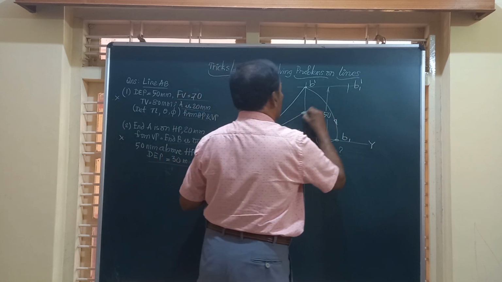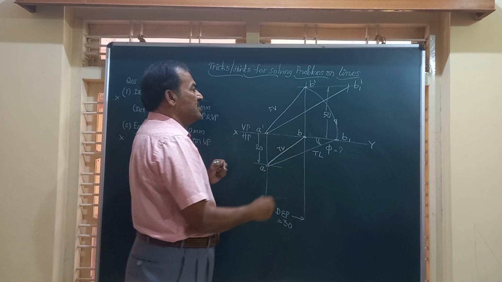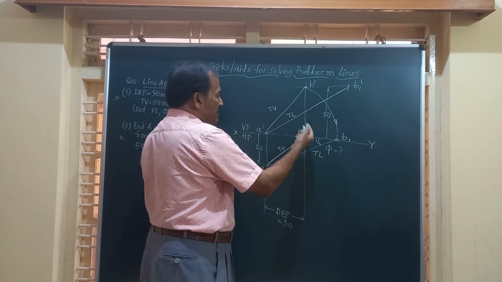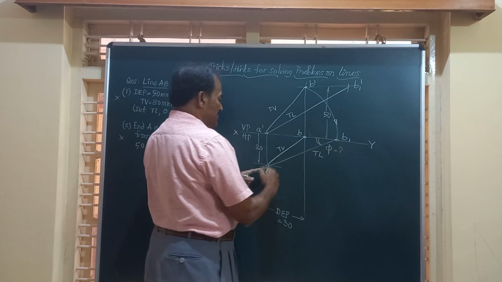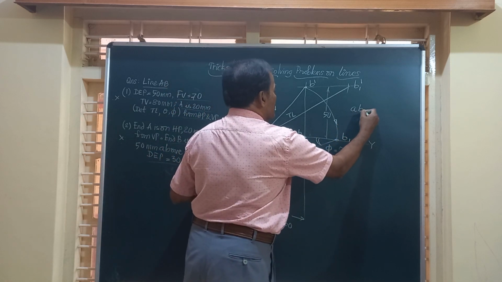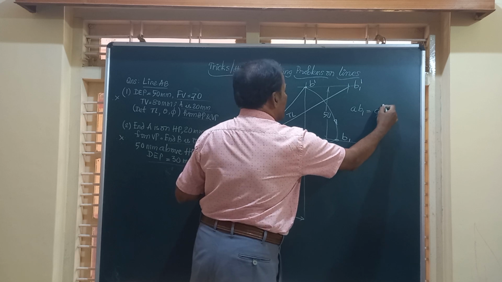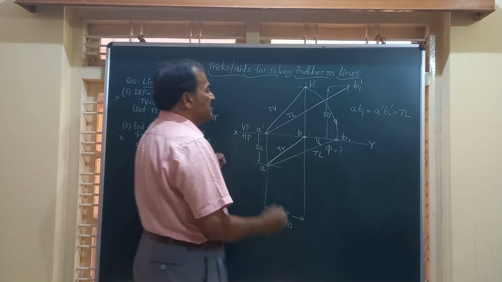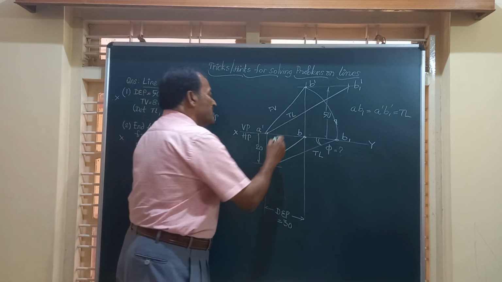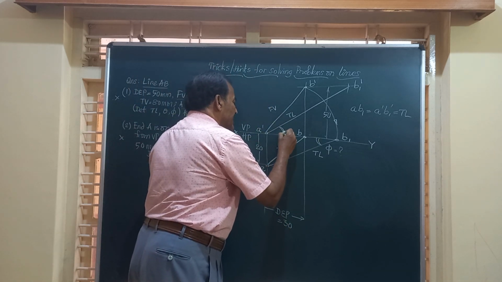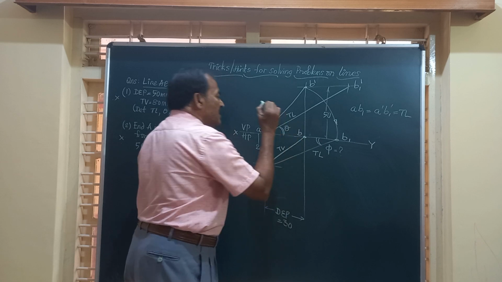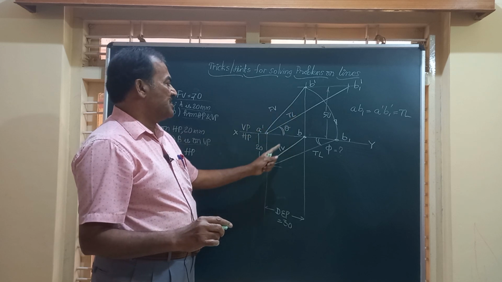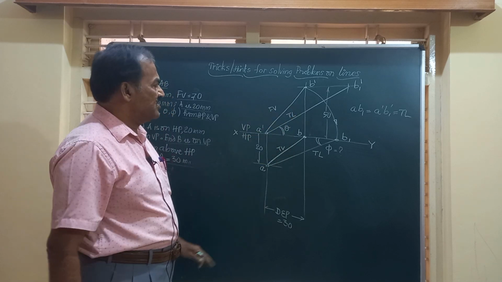And if you join A dash and B1 dash, this will give you the true length, because this length, that is AB1, is equal to A dash B1 dash, is equal to true length. And friends, once you have this true length, you can also measure this angle. That angle is called theta, the angle made by the line with the HP. You can measure this DEP.